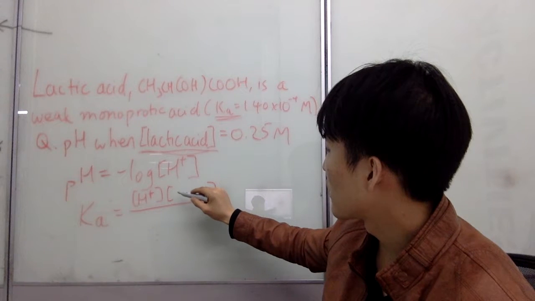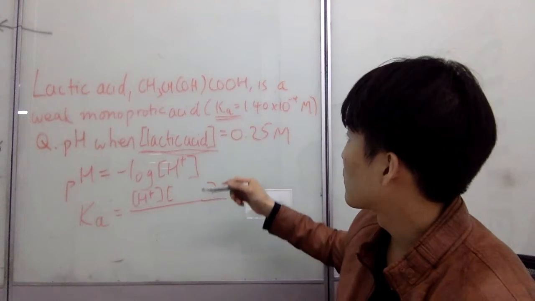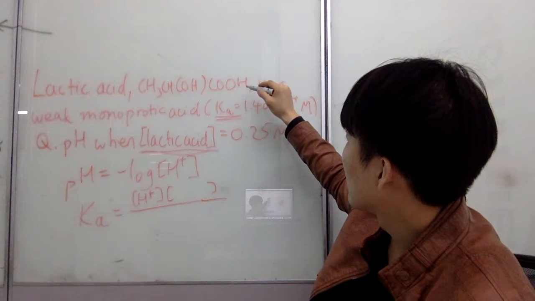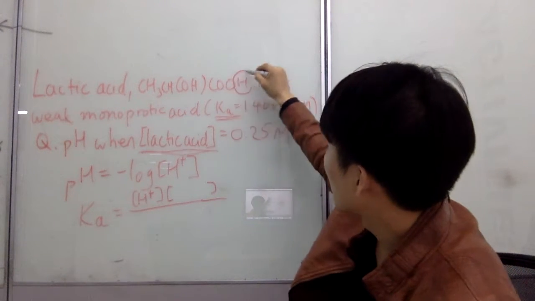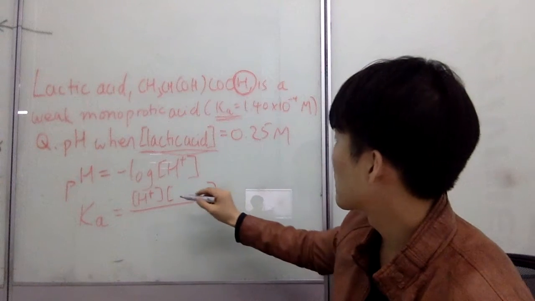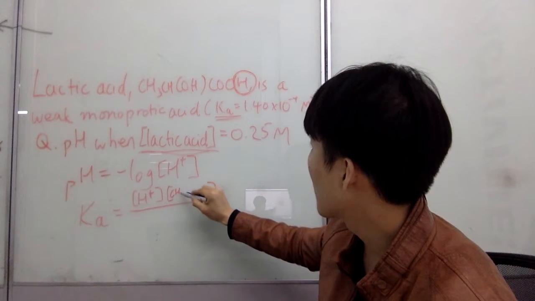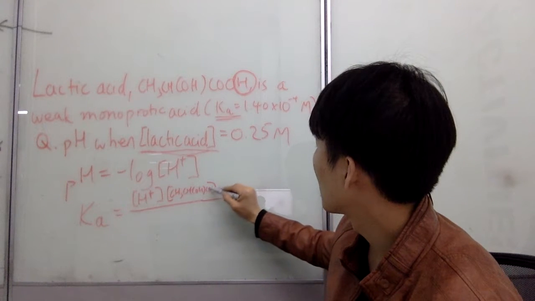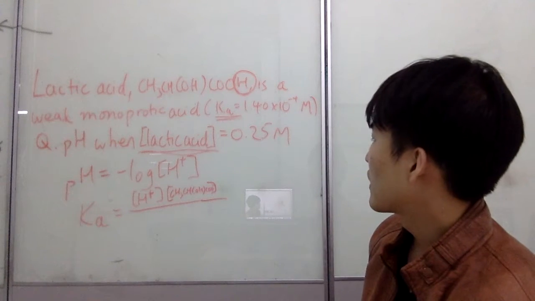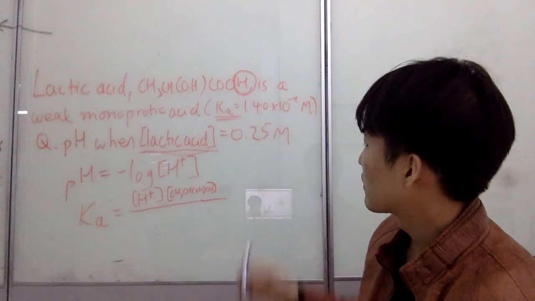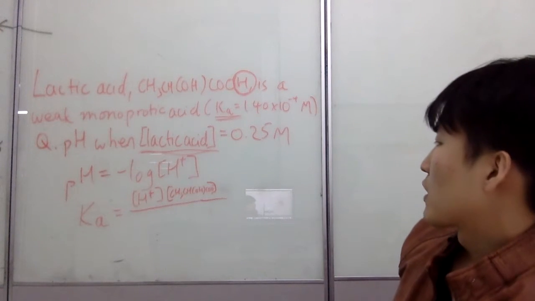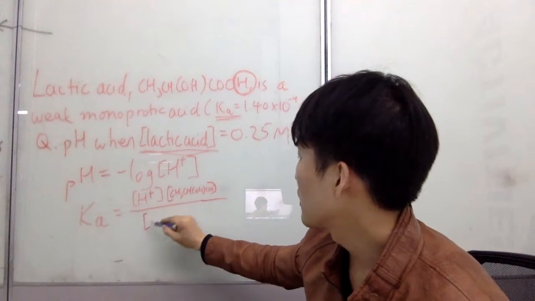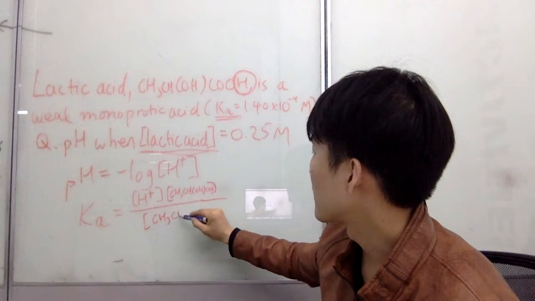Let's write it out in full. Let's say it's going to lose the proton from this end, which means the conjugate base will look like this: an H plus off from the COOH group, making it COO minus. And at the bottom, we have our lactic acid.